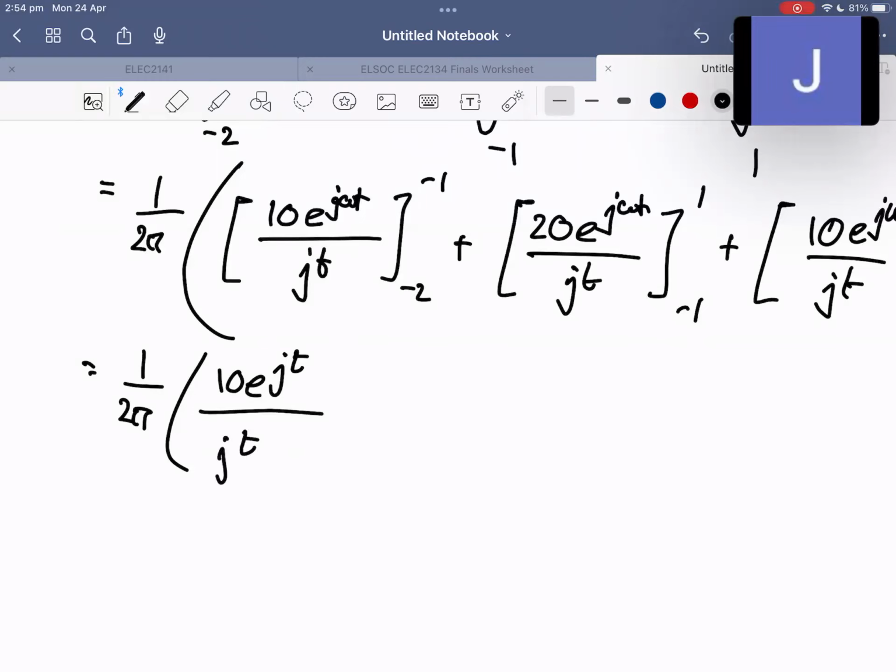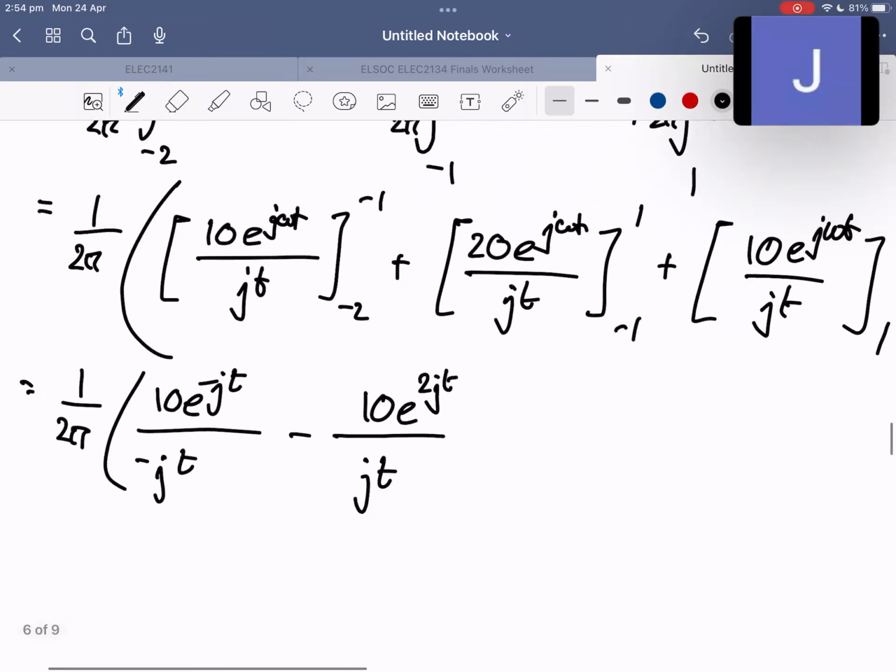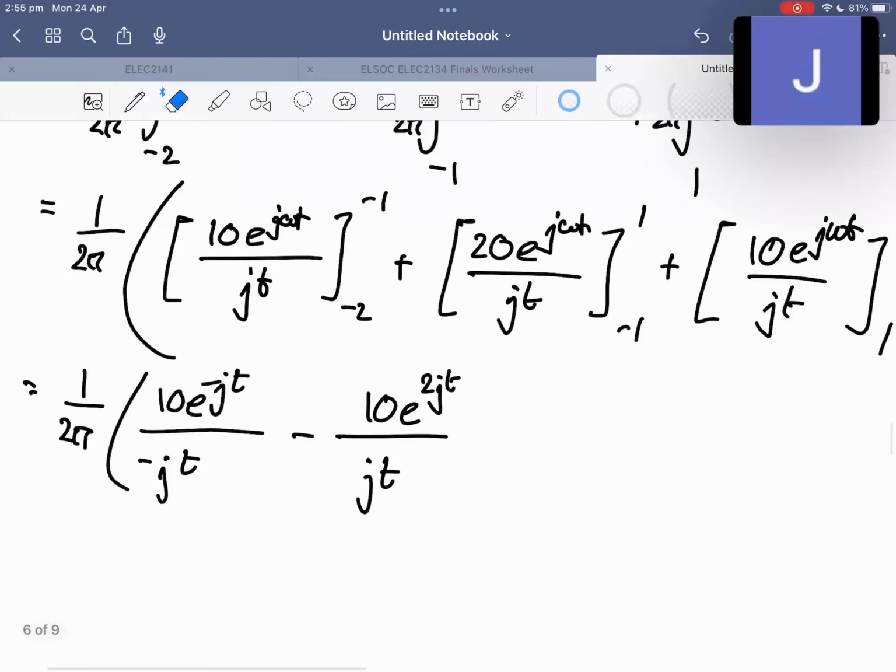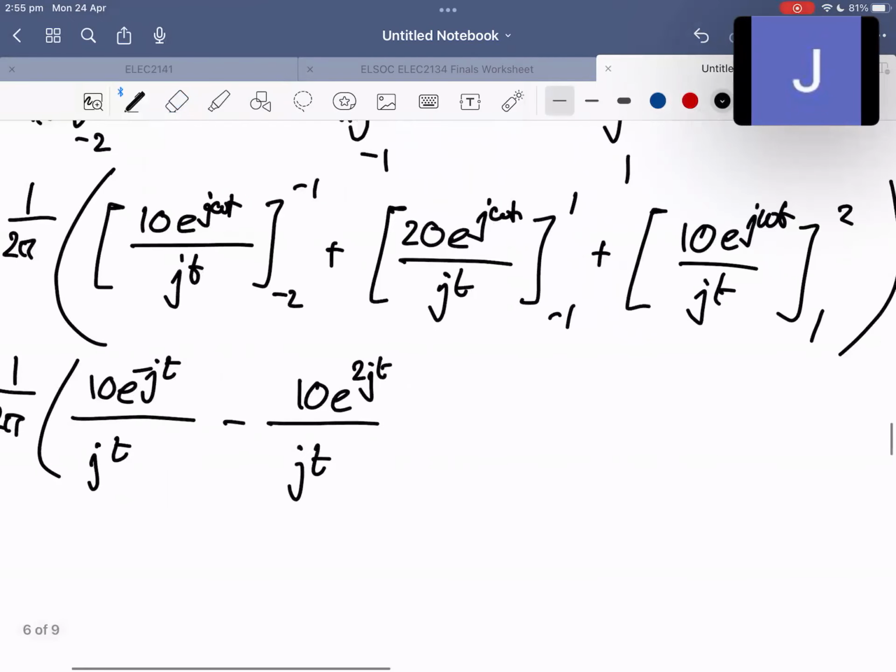And we're subbing -1, so minus, and then we've got plus jt. I don't know. It should be minus. Yeah. So 10 e to the 2jt. Yeah, I don't need the minus there.